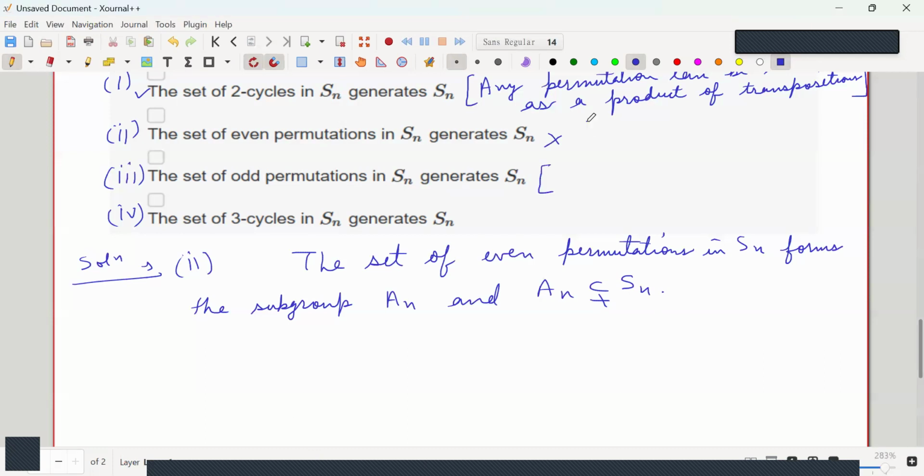So the same thing I can write here, and all transpositions are odd permutations, right? What about the last one?